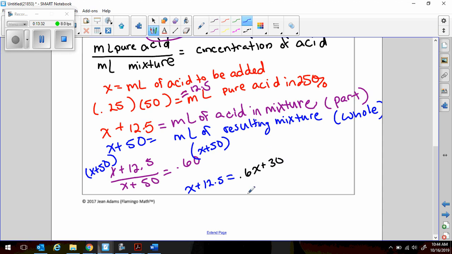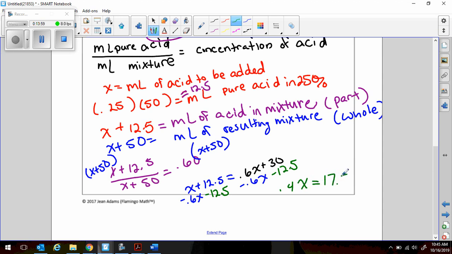Alright, and now you're just going to combine your like terms and move things over. I'm going to move my 0.6x to the left because this side is bigger; 0.6 is smaller than 1. And then that means I'm going to have to move my numbers to the right. I'm going to get something like 0.4x equals maybe 17.5.